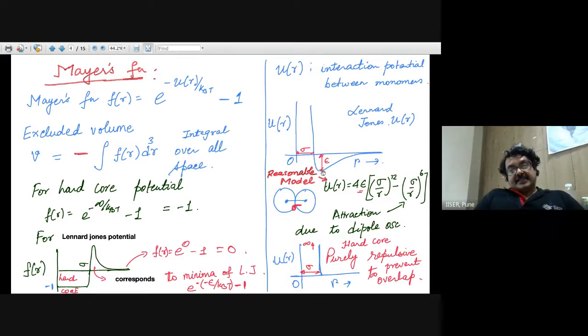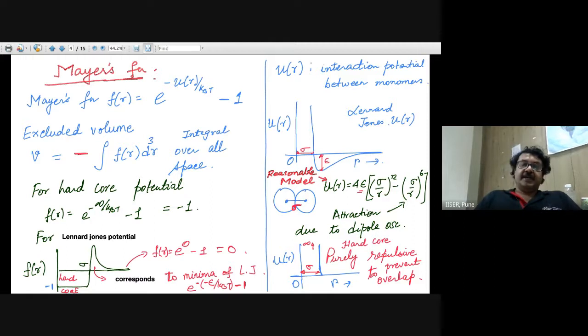But just beyond sigma, so sigma is the diameter of a particle, right? So if these were two monomers in contact, and of course there's a chain like this, and at the end of it two monomers have come in contact, the radius would be sigma by 2, and the center to center distance would be sigma, which is again the diameter of the monomers.